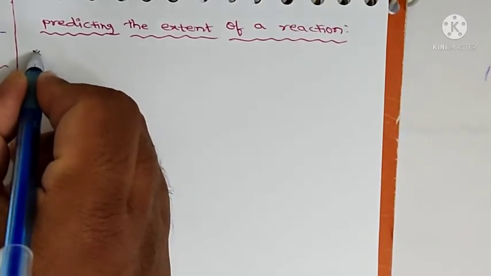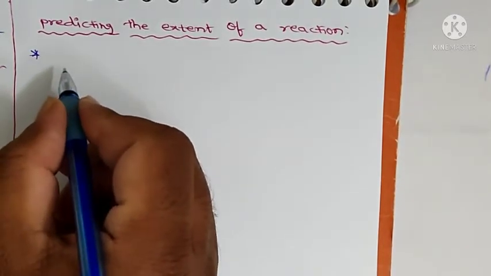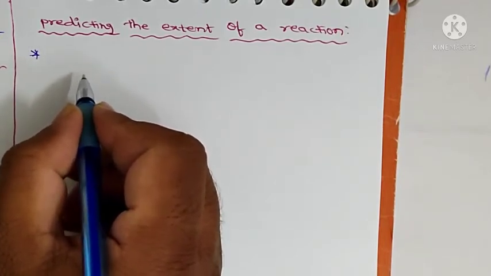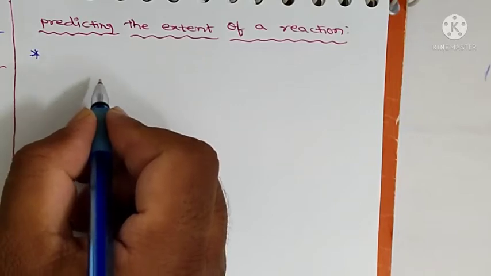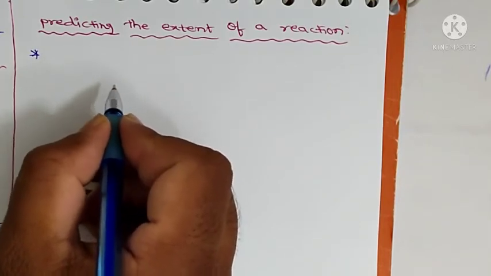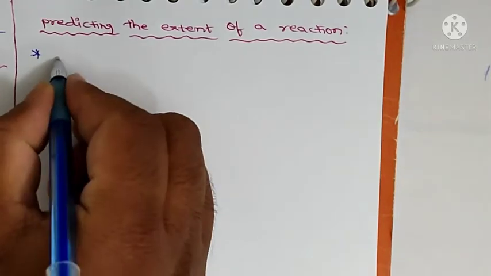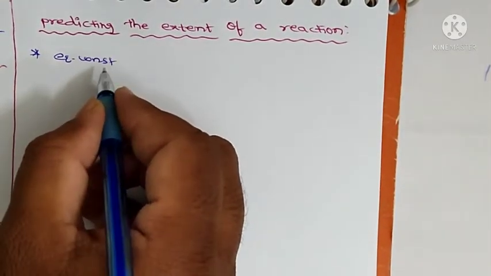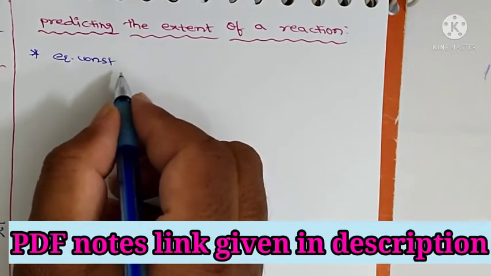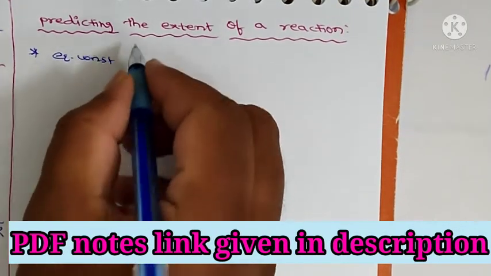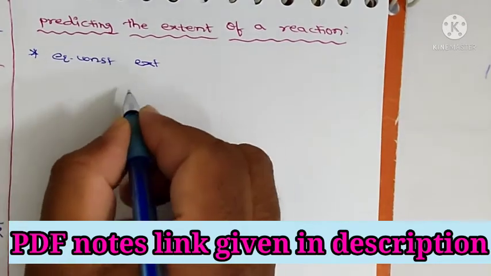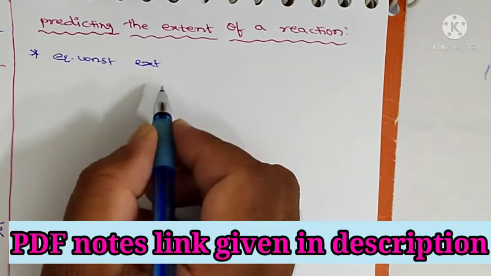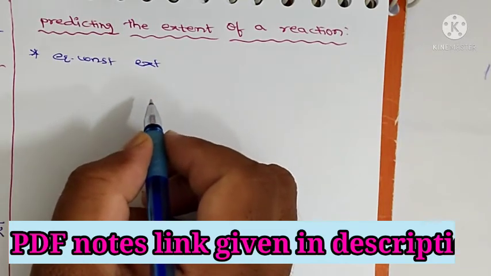The numerical value of the equilibrium constant indicates the extent of the reaction, and the equilibrium constant does not give any information about the rate of the reaction.